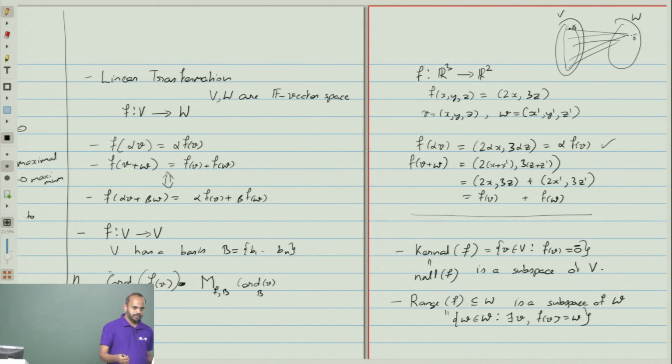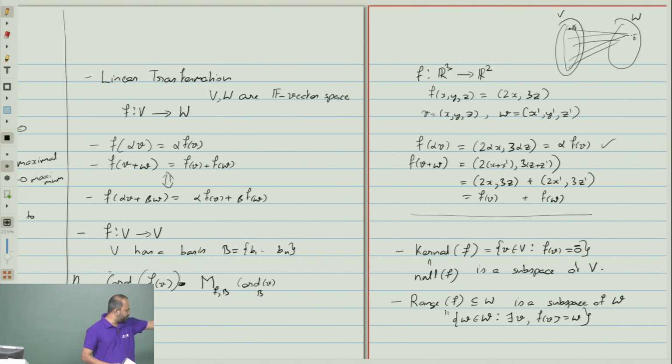Let us apply f on it. F is a linear transformation, so f of alpha v plus beta w is equal to alpha times f of v plus beta times f of w, but we know already that f of v and f of w are 0. So, f of alpha v plus beta w is also equal to 0. So, alpha v plus beta w belongs to the kernel, that is it. We just follow definitions.